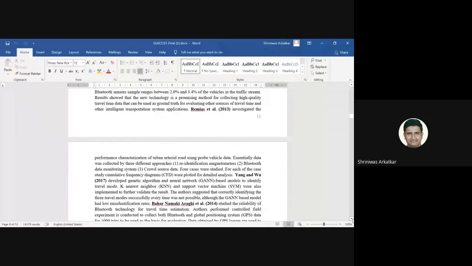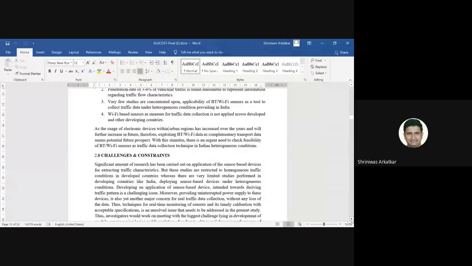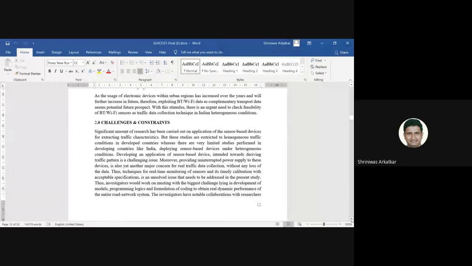So finally we can say that based on the review of available literature, the following points have been identified as research gaps. These are the four research gaps you have identified, and from that you can then say what the challenges and constraints are with respect to this.